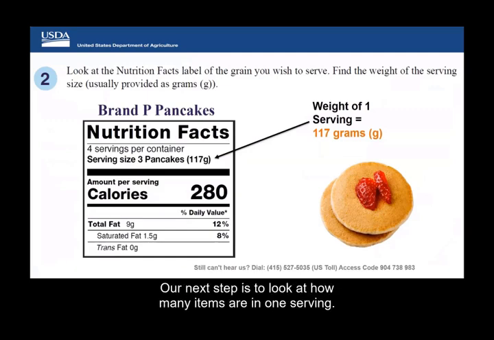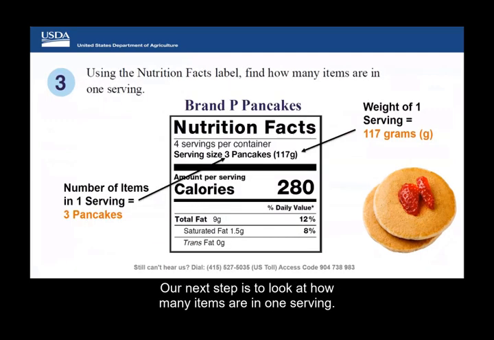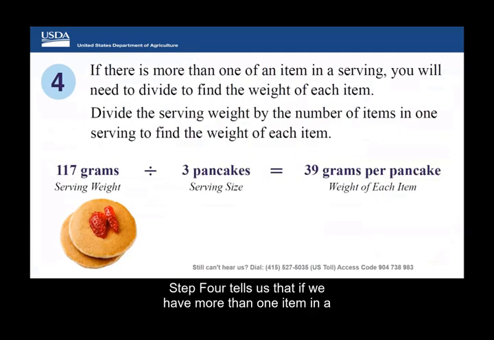Our next step is to look at how many items are in 1 serving. Looking at the nutrition facts label, we see that there are 3 pancakes in 1 serving of gram pea pancakes. Step 4 tells us that if we have more than 1 item in a serving, we will need to divide to find out how much 1 item weighs.